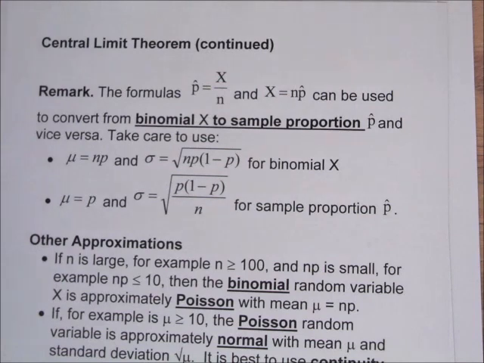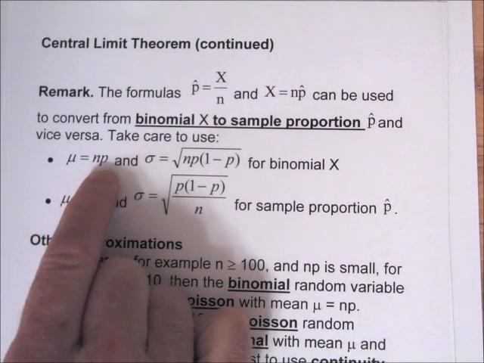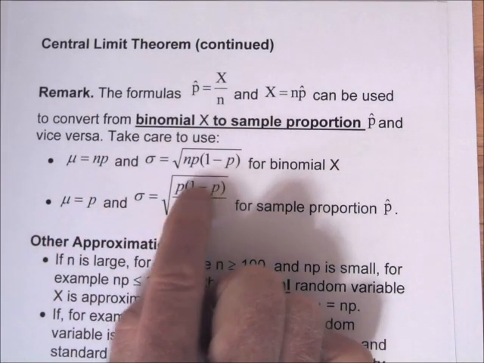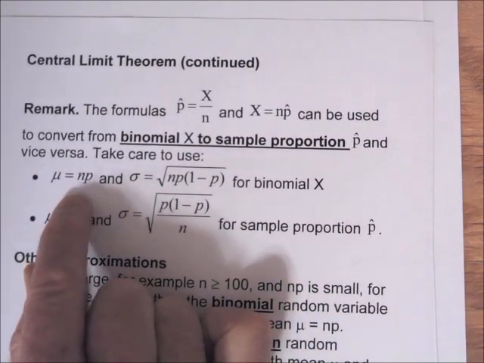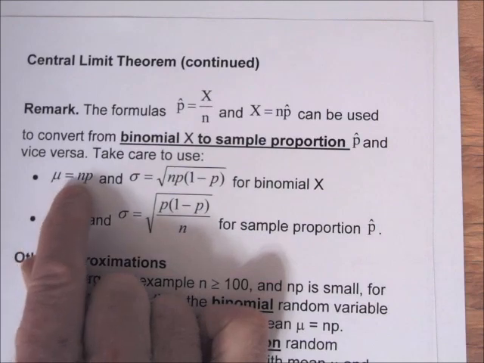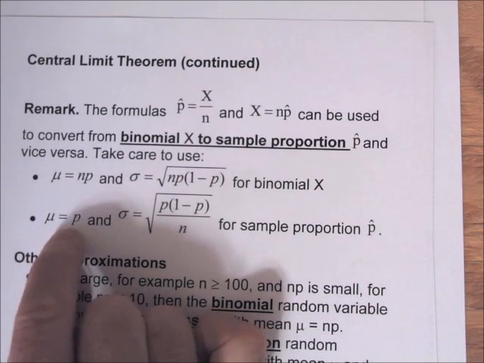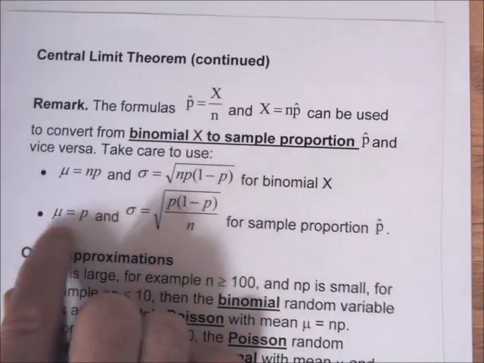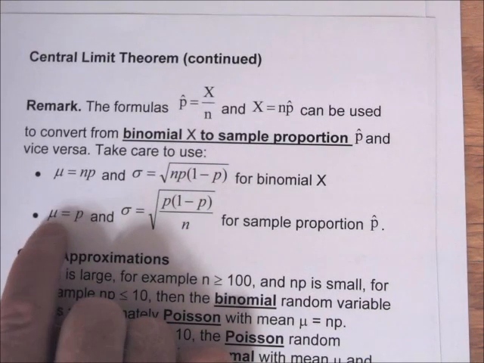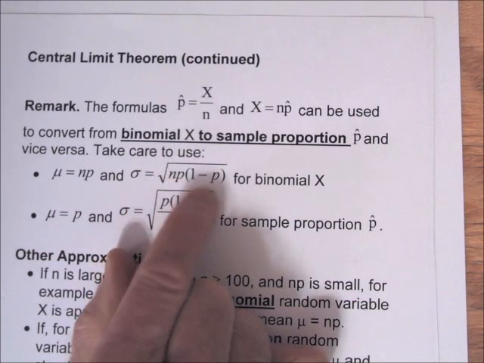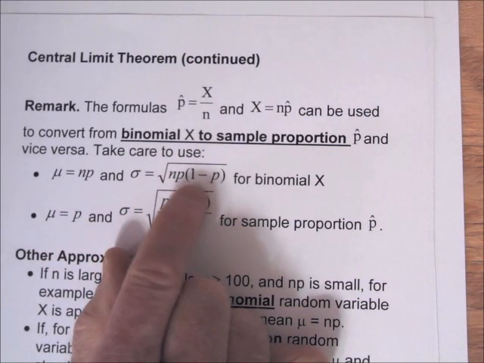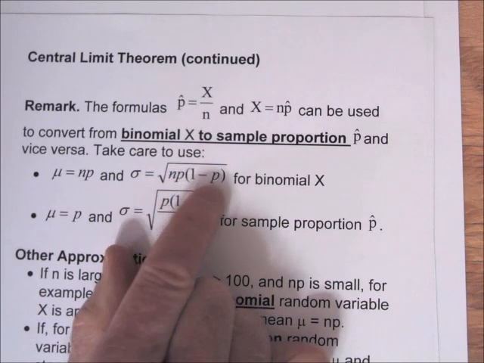So you have to be a little bit careful. Both the binomial and the sample proportion have a sample size n and a population proportion p, but the formulas are a little bit different. For the binomial, the mean is n times p, whereas for the sample proportion p hat, the mean of p hat is equal to p without multiplying by n. And for the standard deviation, for the binomial, it's square root of n times p times q, or square root of n times p times 1 minus p.